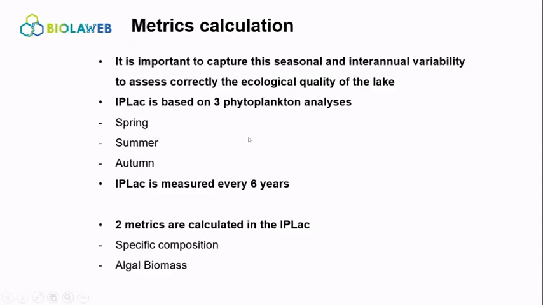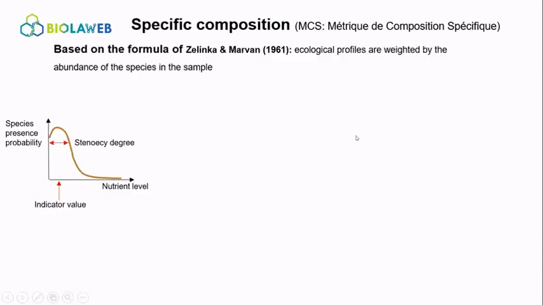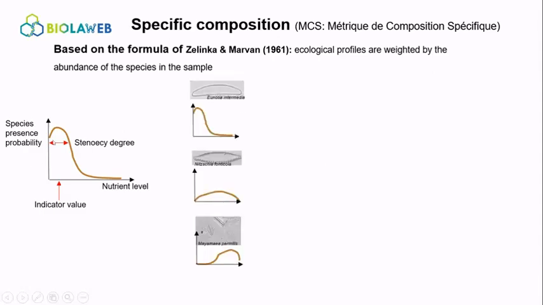There are 2 metrics which are calculated in the IPLAC: the specific composition and the algal biomass. The metric of specific composition, you know it. It's the Zelinka and Marvan formula. So still the same story. You already saw that. Do you want me to repeat?